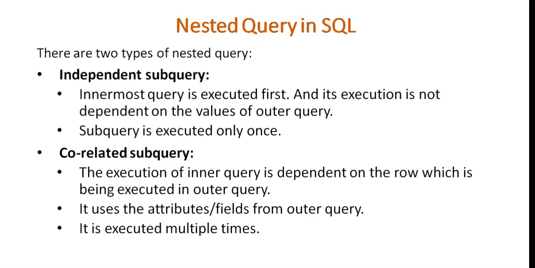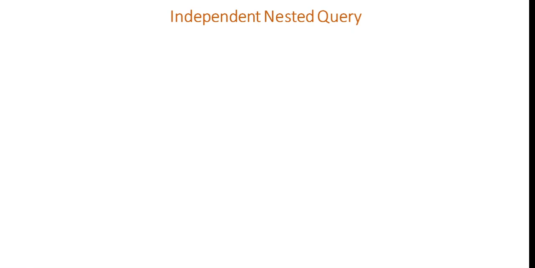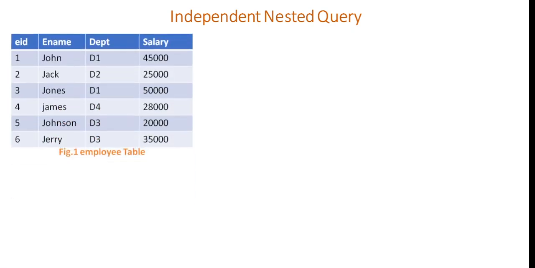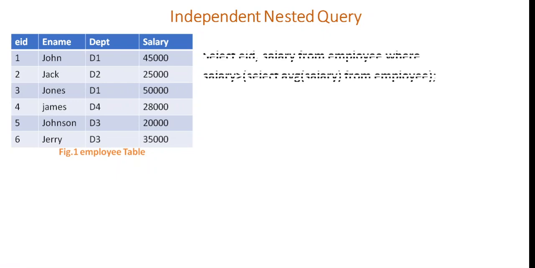Now next, let's see an example for independent nested query. Here I have one employee table. In that employee table, 4 attributes are there: employee ID, employee name, department, and salary. Now suppose I want to display the information of employees whose salary is greater than the average salary of all employees.